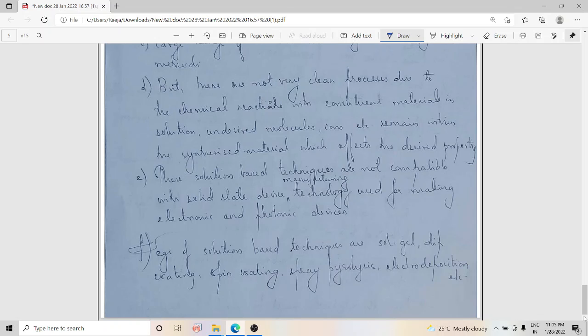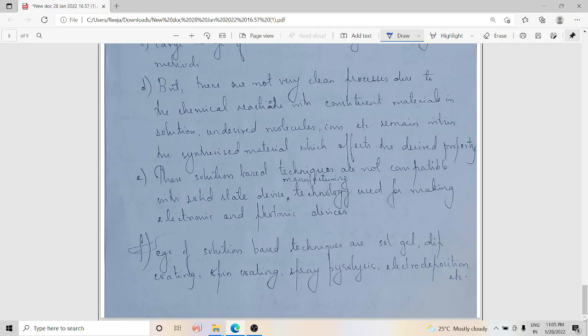That is, here chemical reactions with the constituent materials in the solution take place, and many undesired molecules and ions can remain within the synthesized material, which affects the desired quality of the synthesized material.